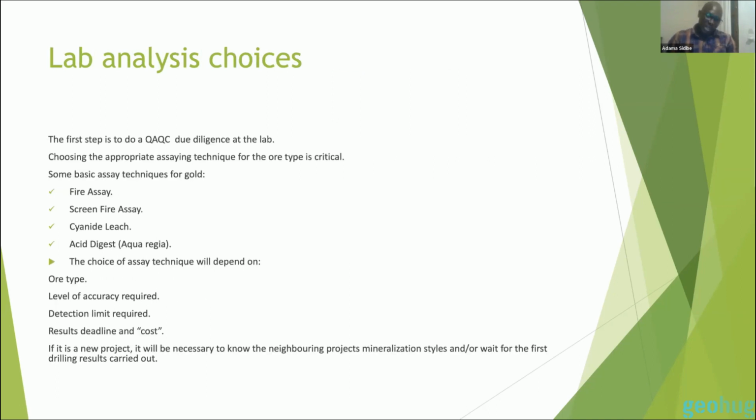Okay. The lab analysis choice. Here, the first step is to do a careful due diligence at the lab. First, choosing the appropriate assaying technique for the ore deposit is critical. We will discuss some basic assay techniques for gold, like Fire Assay, Screen Fire Assay, and Leachwell.